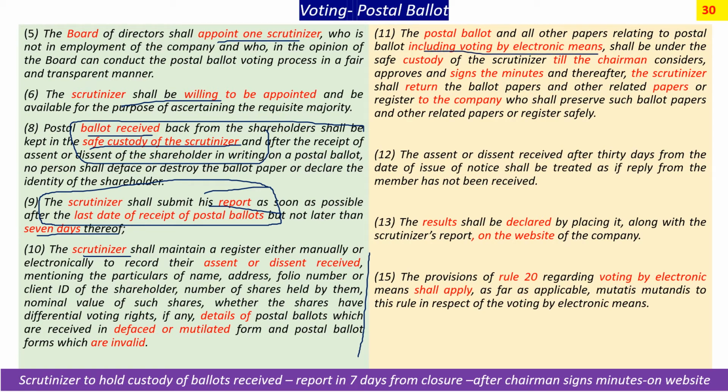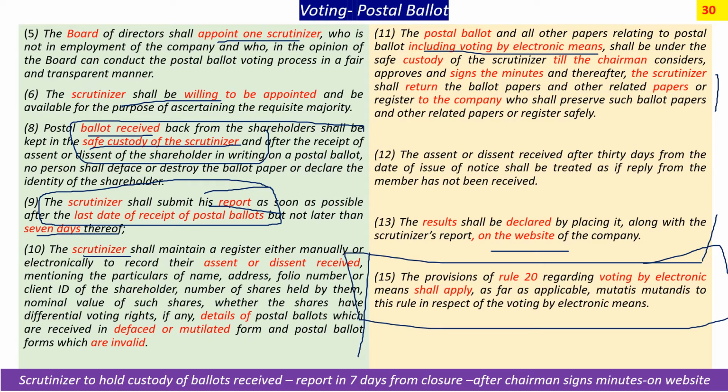He will also include votes cast by electronic means, and the results will be declared based on the details provided in the report, and it will be declared on the website. And whatever rules applicable to voting by electronic means will equally apply to voting by postal ballot.